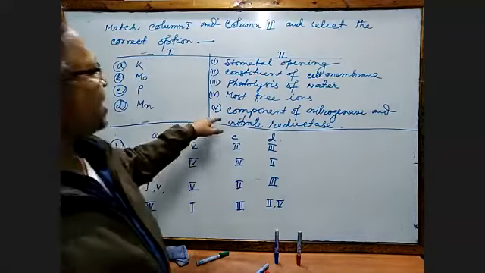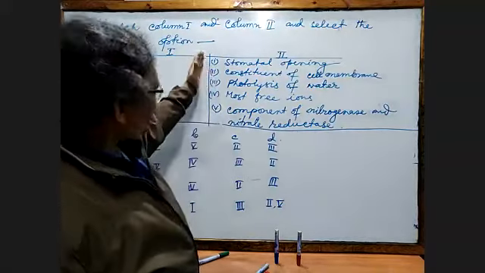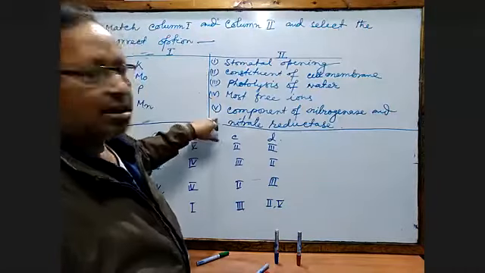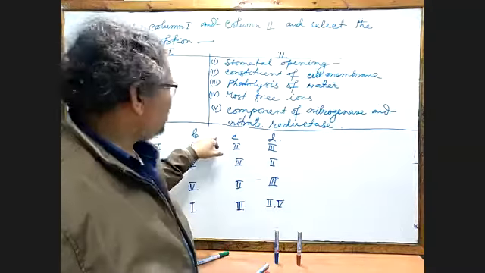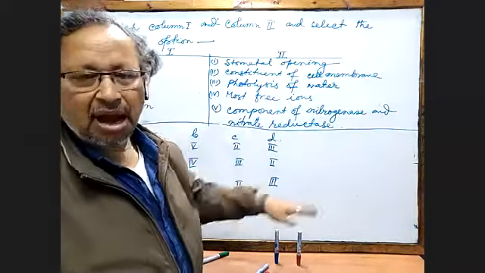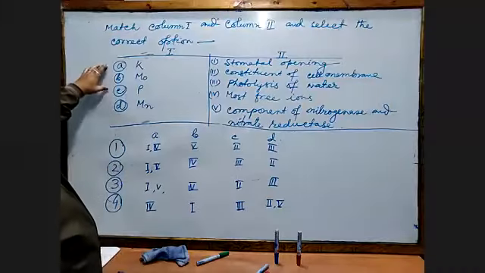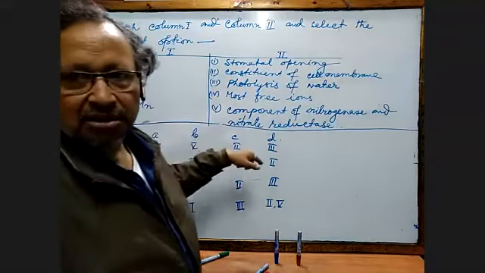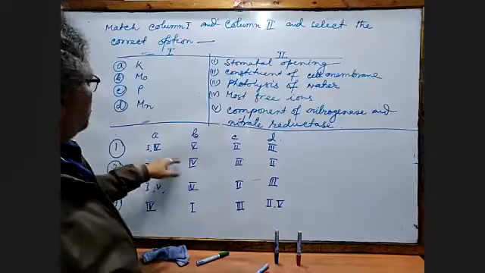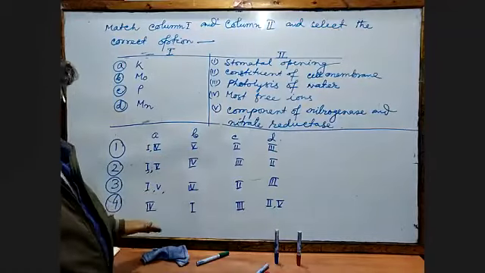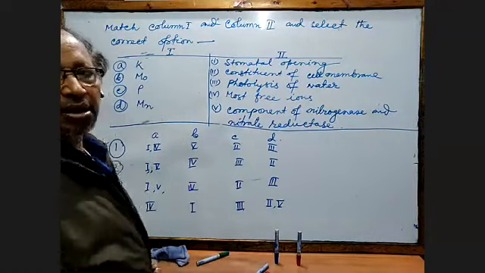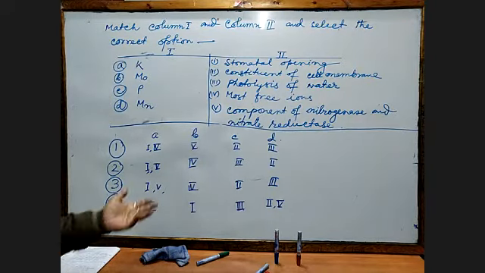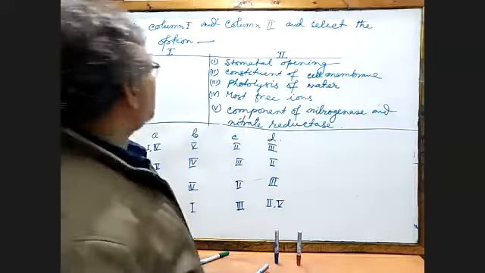Sometimes more functions may be given in one column, and only 4, one each, will match. But here, the way it has been given, all the 5 are options. So we have to see which one is the correct option.